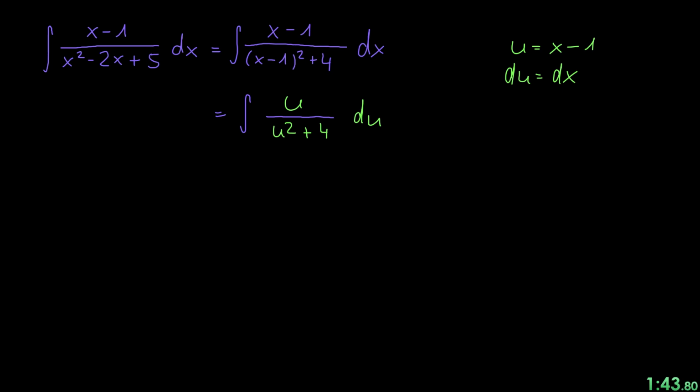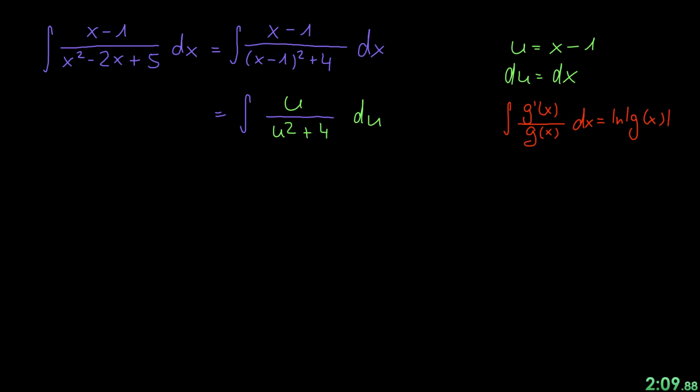So a little rule on the side: whenever we have an integral of g prime of x over g of x dx, the solution is just the natural log of g of x. And we're getting pretty close here.